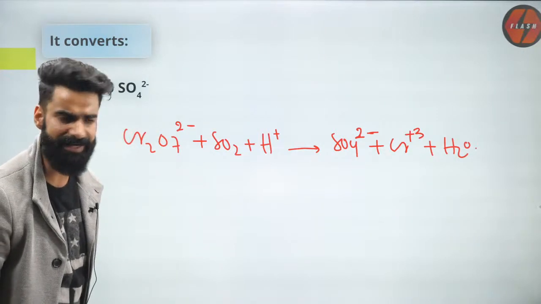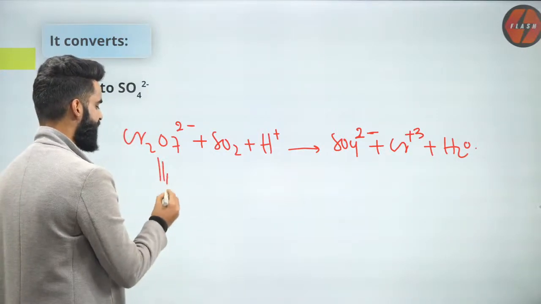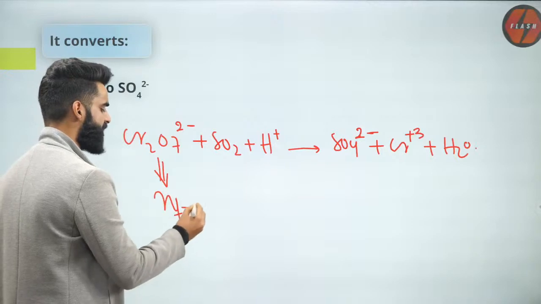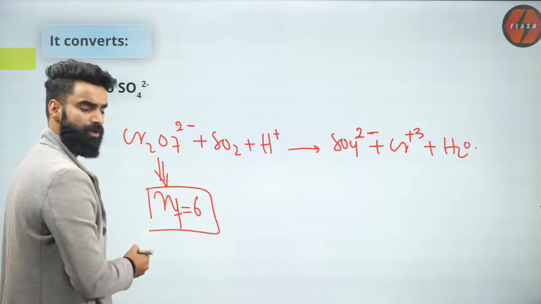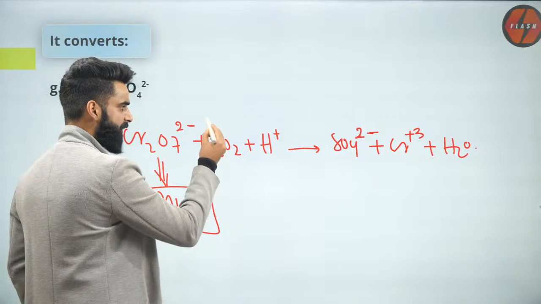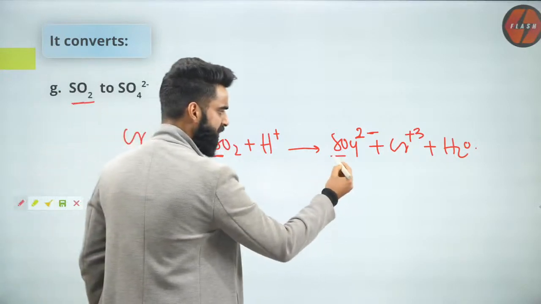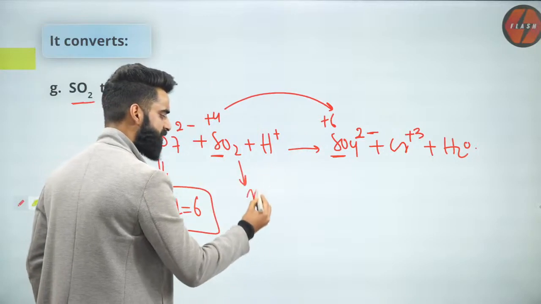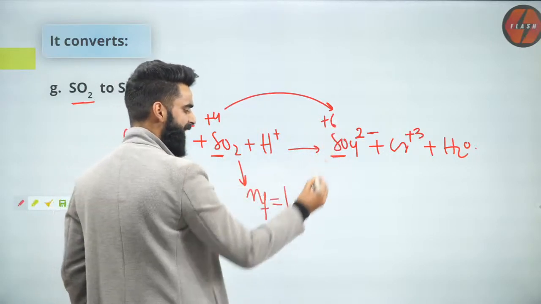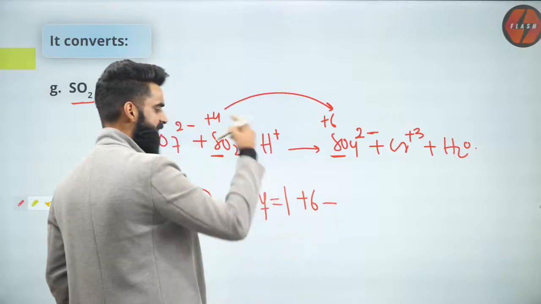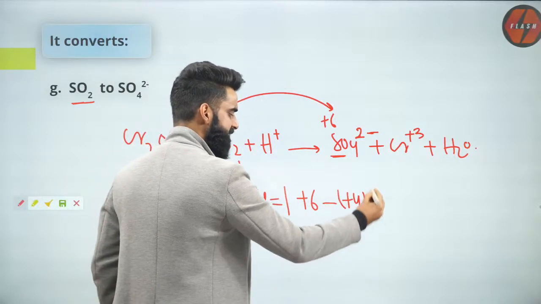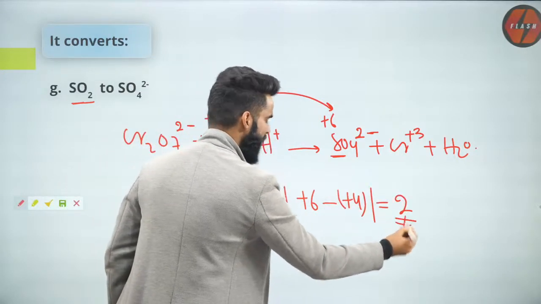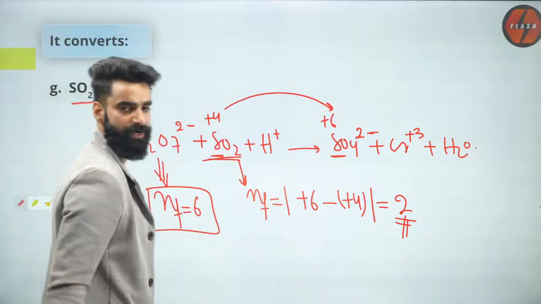Its n factor is going to be 6 in acidic medium. We saw that. What is the oxidation state of sulfur over here? It is +4. What is the oxidation state of sulfur over here? It is +6. +4 to +6. What is the change in the oxidation state? Final oxidation state, which is +6, minus initial oxidation state, which is +4. Can I say the value will come as 2? So this 2 is the n factor of SO2 over here.